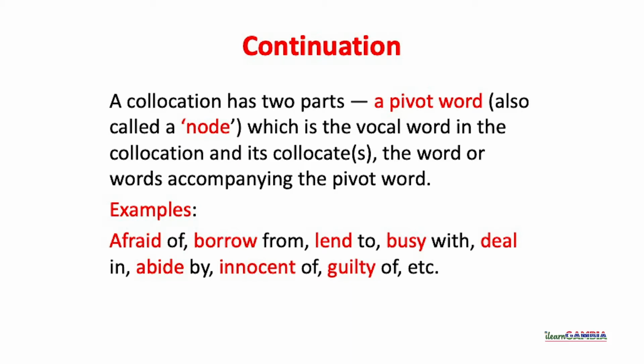Busy with his assignment. Deal in: he deals in second-hand clothing. Abide by the law. Innocent of a crime. Guilty of a crime. So you can see these words are frequently used in the English language.